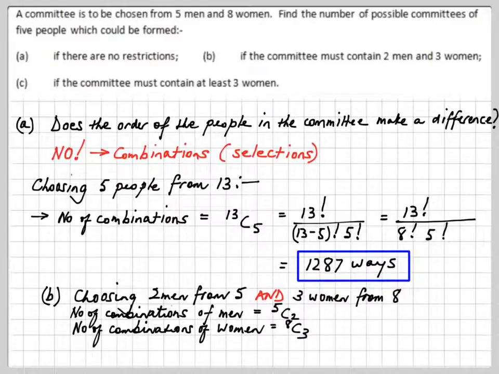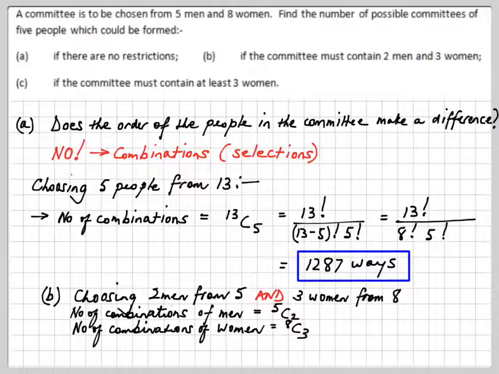But how do we get that information together into the single committee of 5 people? The fact of the matter is this. For every single one of those 5C2 committees of men, you have all of 8C3 different committees of women.